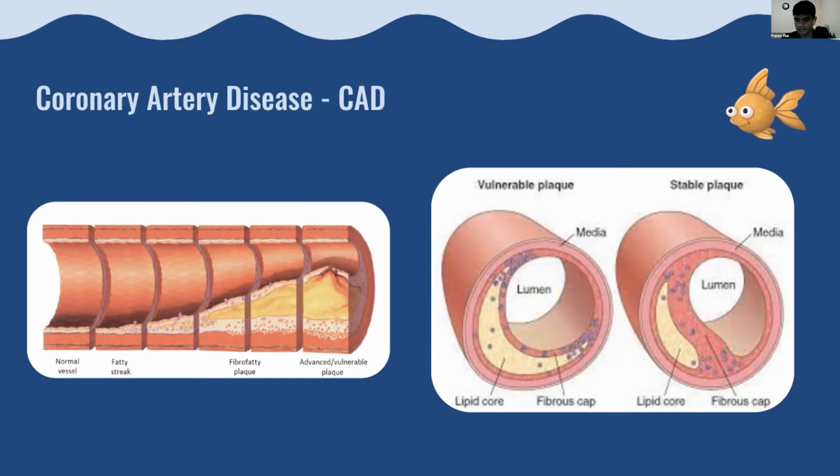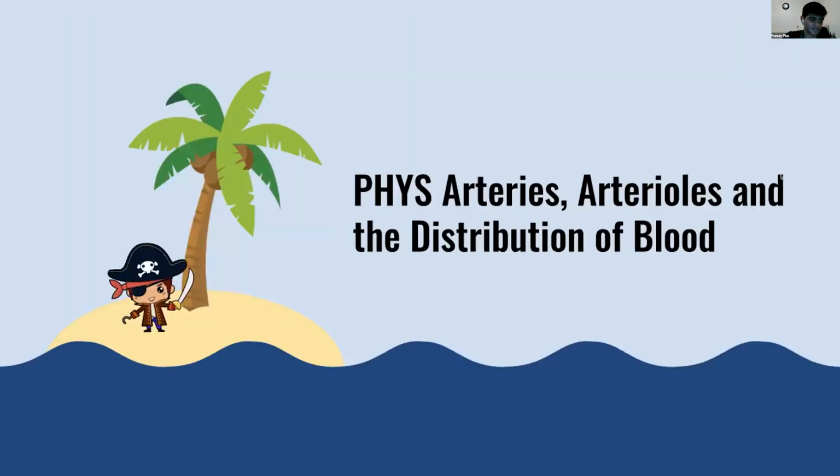So a stable plaque has a thick fibrous cap and a smaller lipid core, whereas a vulnerable or unstable plaque has a really thin fibrous cap, which can burst at any moment, leading to an acute myocardial infarction, and a big lipid core. So the main differentiating features are the thickness of the fibrous cap and the size of the lipid core. That's basically all you need.